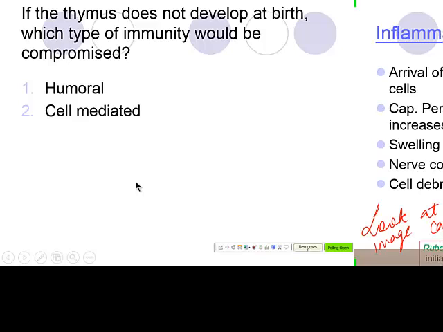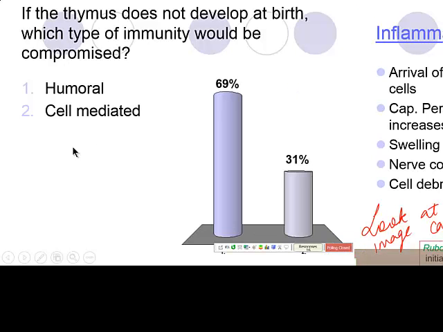Okay, so if the thymus did not develop, what type of immunity would be compromised? Cell-mediated.